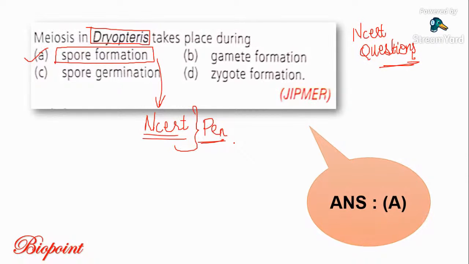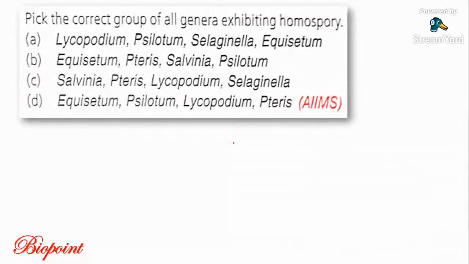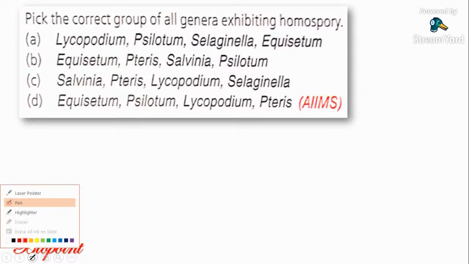Next question, question number 16. Pick out the group of all genera exhibiting homospory. In question number 8, when we discussed, we studied that Salvinia and Selaginella are heterosporous.